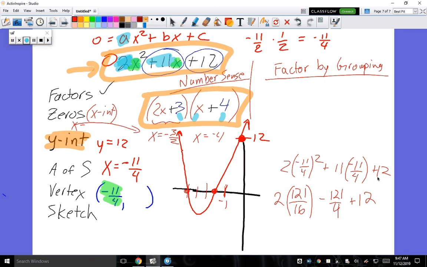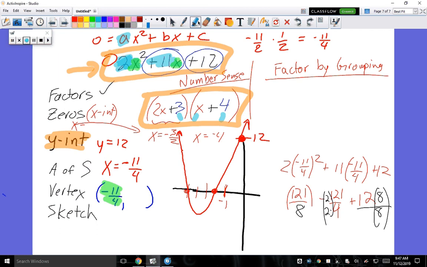Okay? So now all we have to do is get a common denominator. Let's reduce a little bit. This 2 and 16 will reduce to 8, so I can write it as 1/8. And now if I wanted to get all my common denominators to 8, I could multiply this by a form of 1, which is 2 over 2, and I could multiply this by a form of 1, which is 8 over 8.